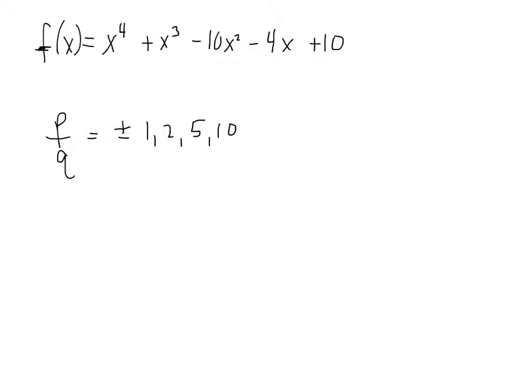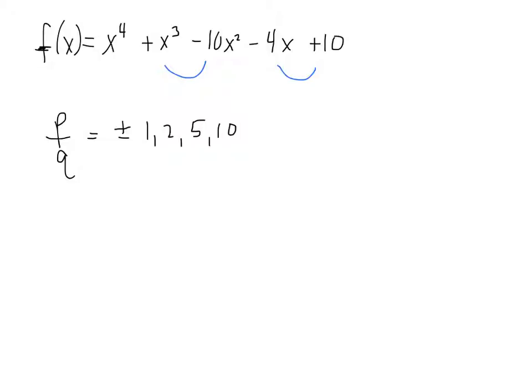Let's use Descartes' rule of signs looking at the original polynomial. How many sign changes do you see in this one? Ryan, how many sign changes do you see? 2. 1 there and 1 there. He's absolutely right. Okay? 2 sign changes. So what does that mean? If there are 2 sign changes in the original function, what does it mean?